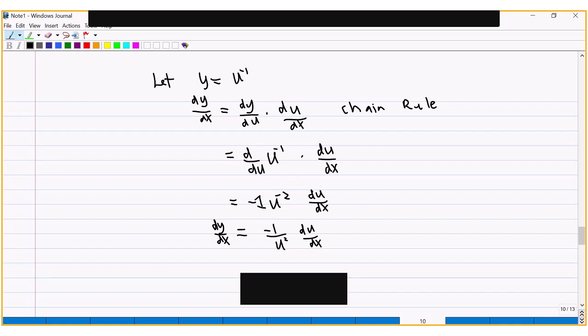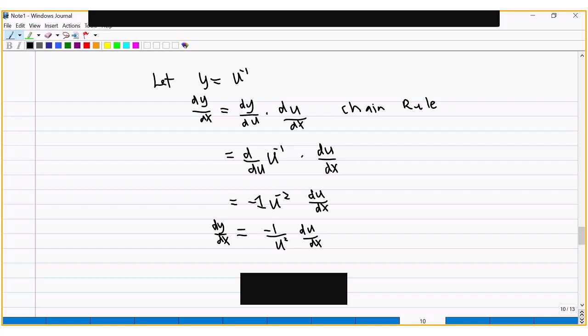Now, I already have dy/dx. dy/dx is minus 1 over u squared du/dx, and I want to replace it. That means all the dy/dx will be replaced by minus 1 over u squared du/dx.